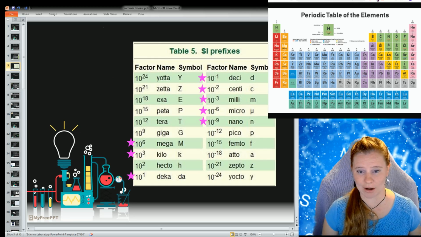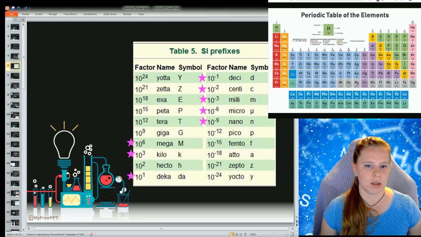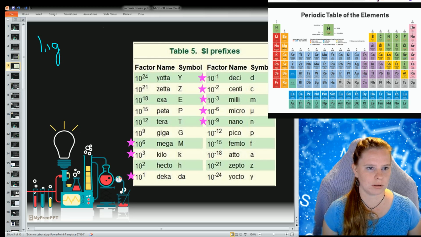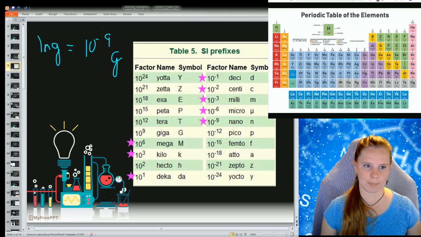Same with like nano, 10 to the negative 9. That's the smallest one I want you to know. So if you had 1, so this is in terms of base, okay, so 1 nanogram, ng, is equal to 10 to the negative 9 grams.